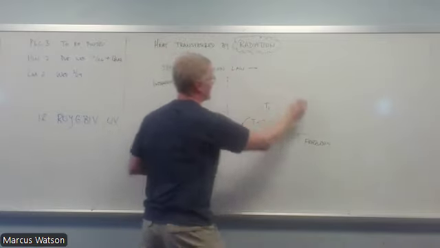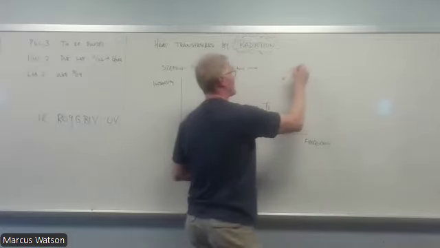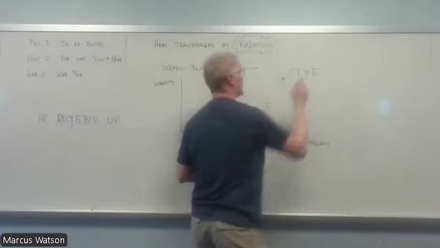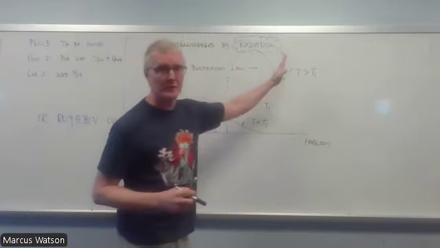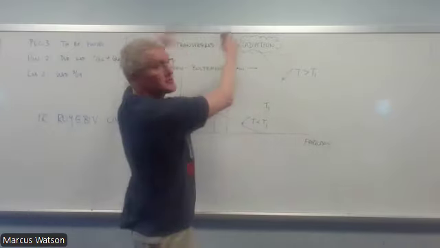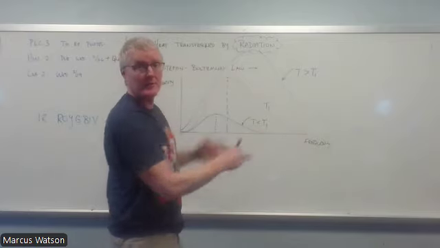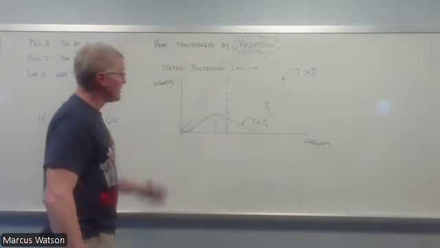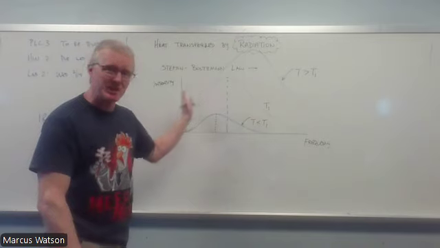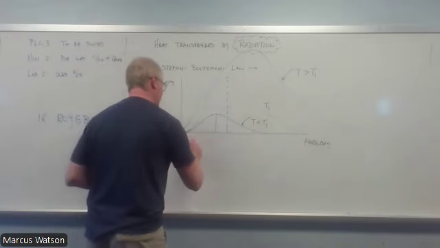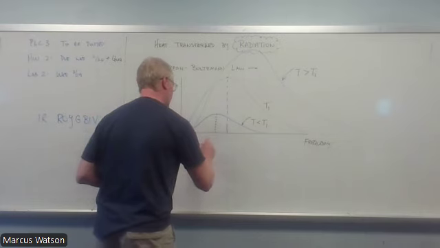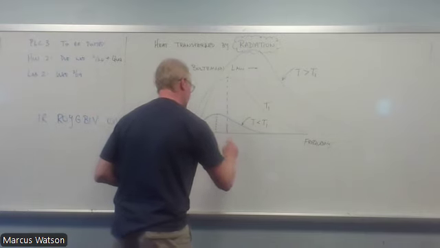So this would be a situation where T would be greater than T1. The frequency of the peak has shifted over this way towards higher frequency, and there's a lot more area underneath the curve. These are known in general as the black body curves. These are black body radiation curves.